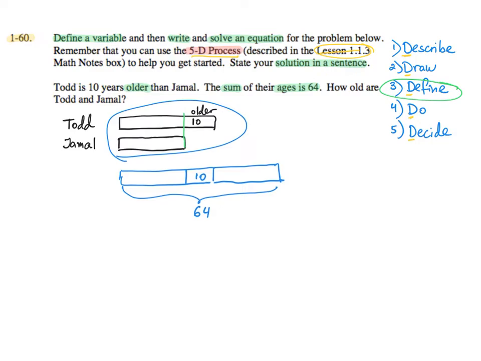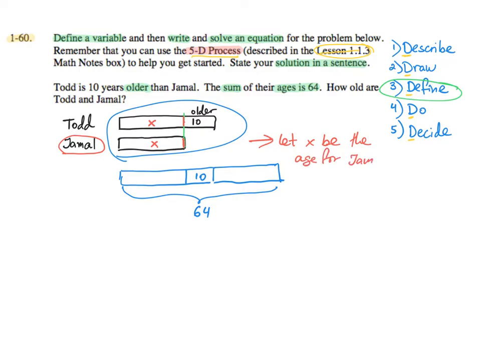And our next step is definitely to define. So we need to define a variable. The variable is something that is missing, but I can see that it is repeating. When we compare, this is the missing part and is the same for both. So I can say let X be the age of, in this case X will be Jamal's age. So let X be the age for Jamal.